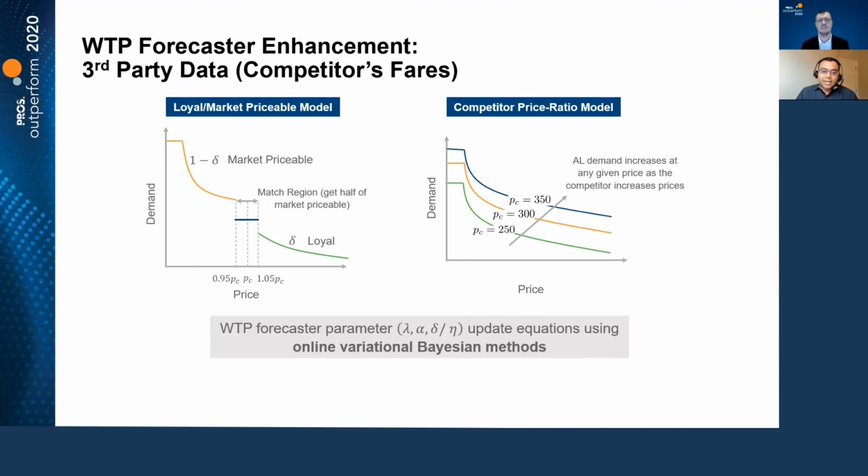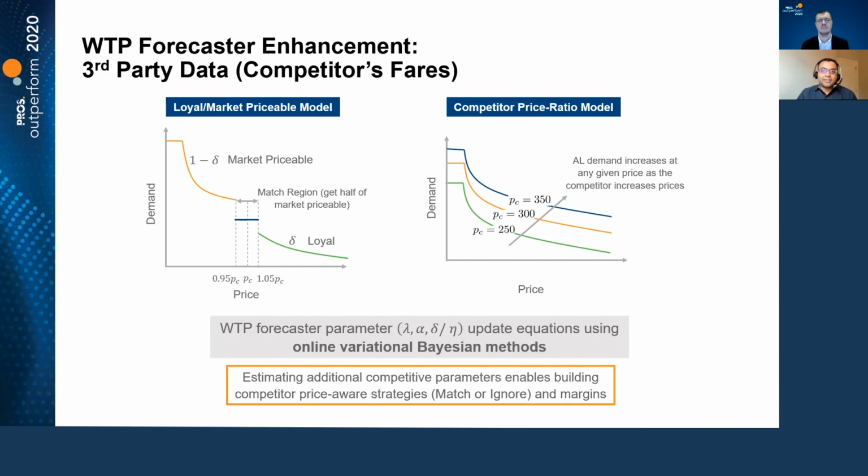Now, having these kinds of competitive price aware forecasts allows you to build strategies which tell you, based on the competitor price, whether you should match or ignore the competitor. And if you decide to ignore the competitor, what is the right amount of competitor aware margin that you should be charging. So all of this is well advanced research.